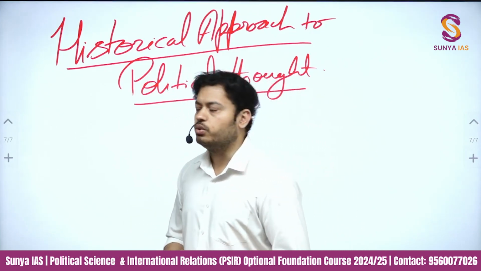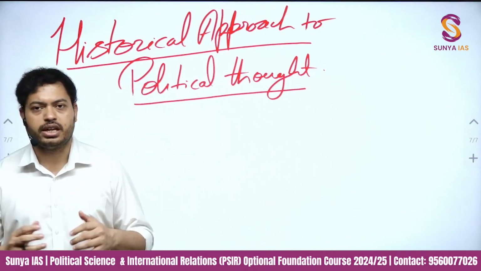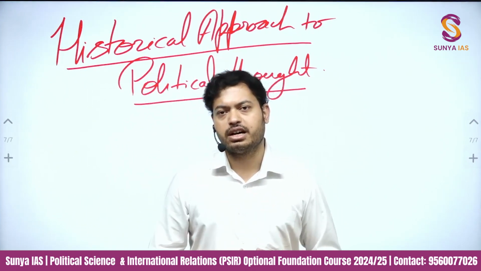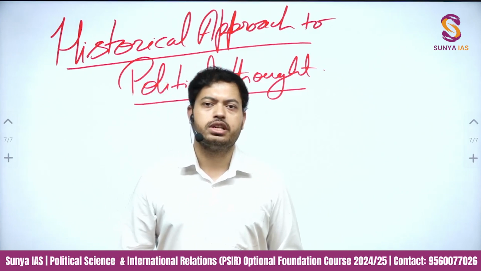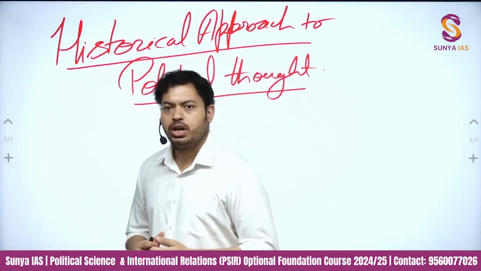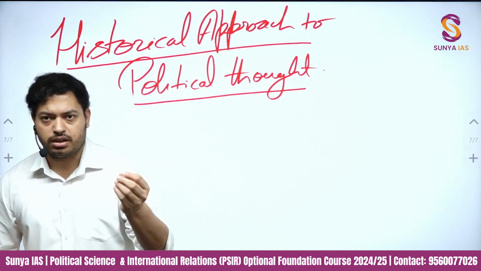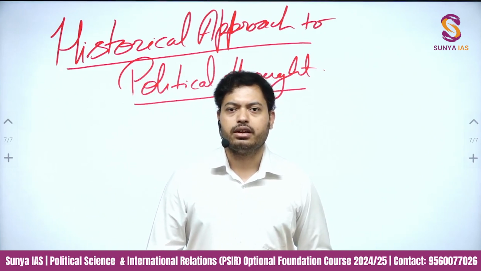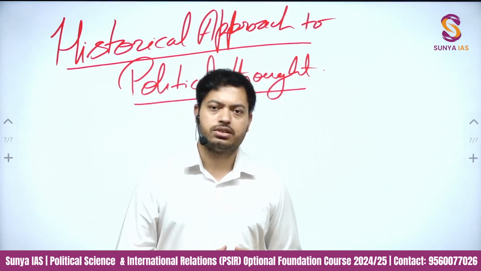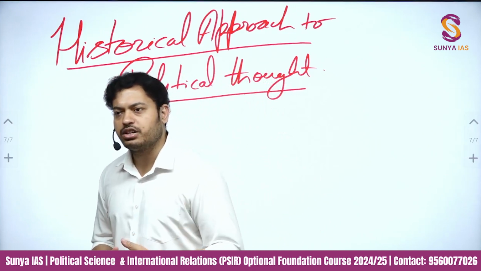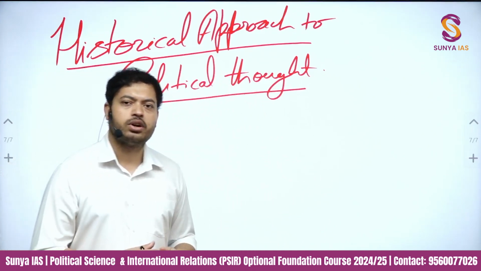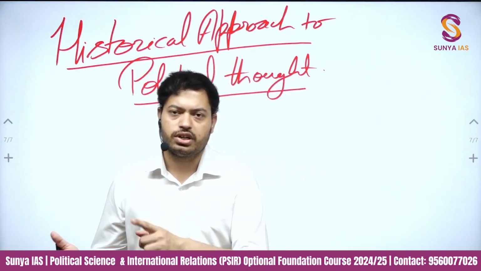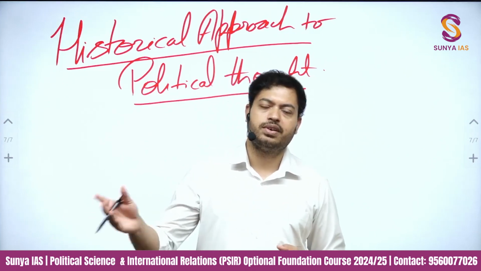Instead, if I tell you that in 16th century Italy, during the period of the Renaissance, there was a guy whose name was Niccolo Machiavelli, who was living in the Medici-ruled state of Florence, and there he wrote a very seminal work called The Prince, in which he propounded some ideas explaining the ethical and moral constraints of the ruler, which are totally different from the ethical and moral constraints on the subjects or the people living in the country.